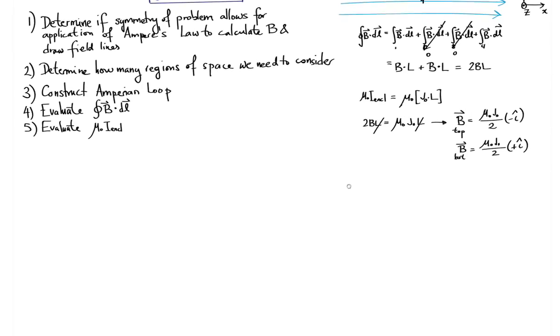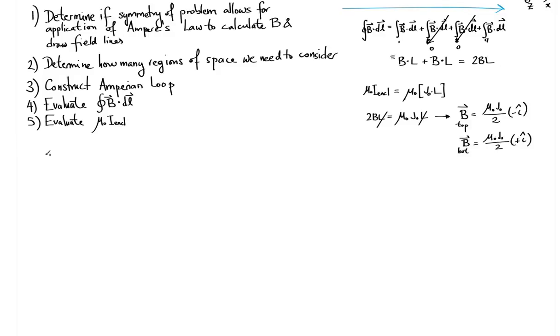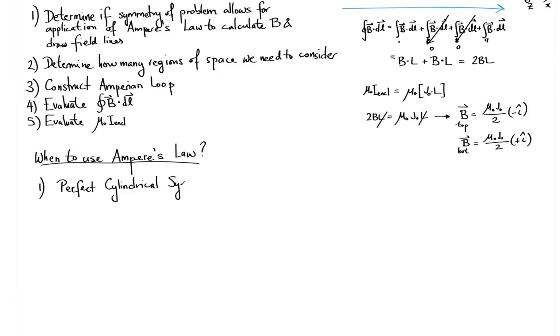So, when to use Ampere's law. If your problem has perfect cylindrical symmetry, that means you have an infinite thin wire, or an infinite cylinder where the current density is not changing azimuthally.